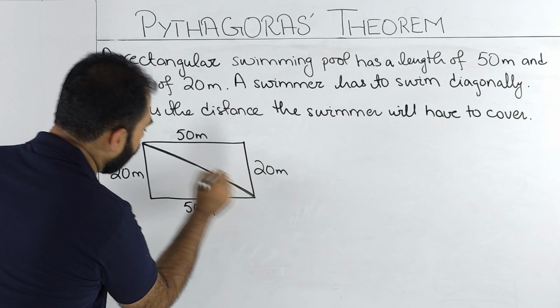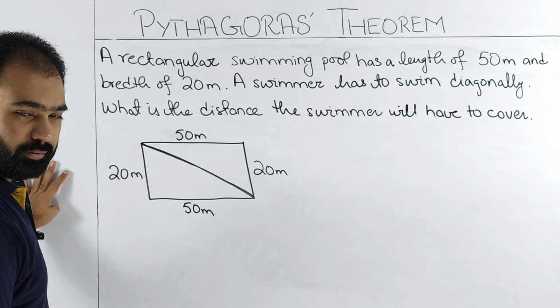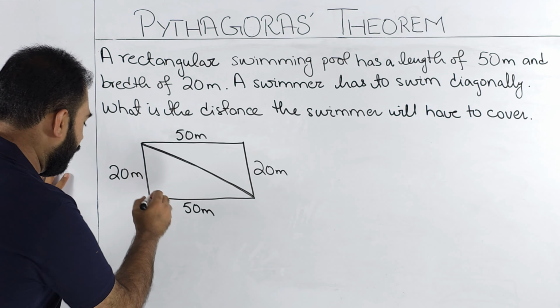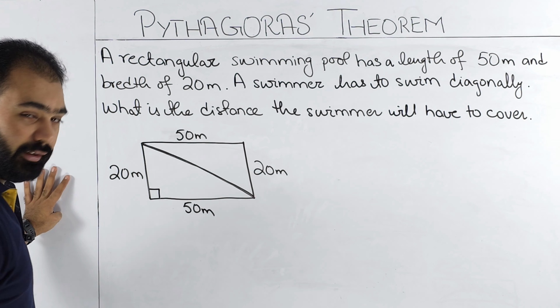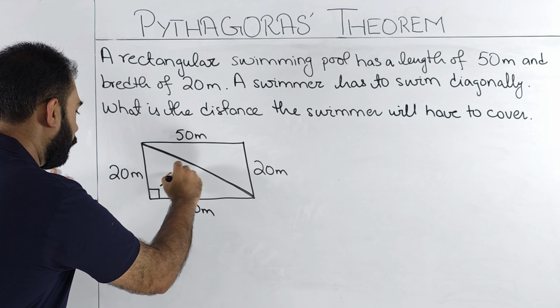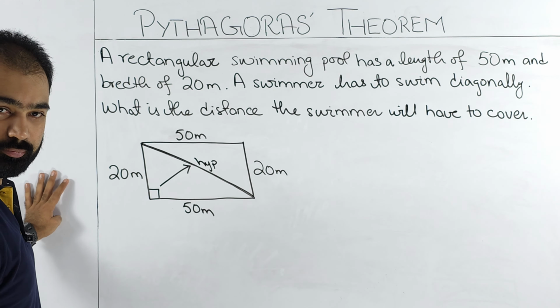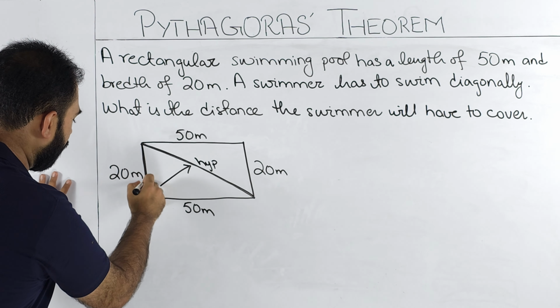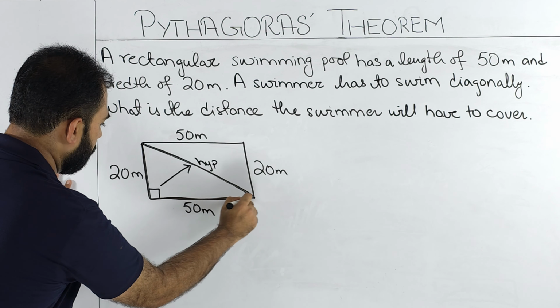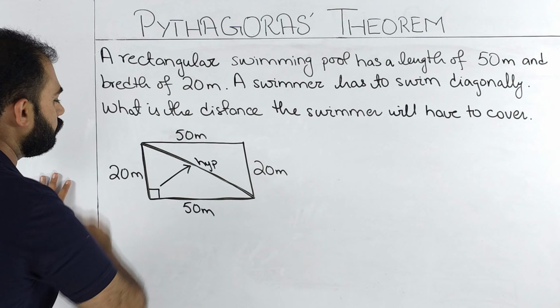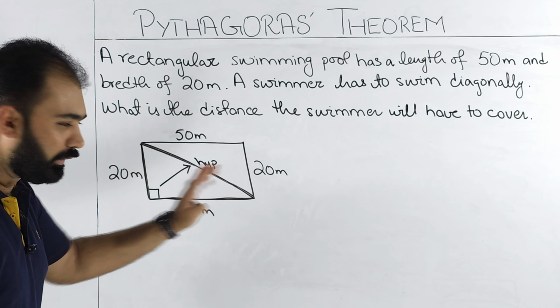What is the value of this length? As it is a 90 degree angle, the opposite length is called hypotenuse, right? So we are going to consider this triangle to find out the value of this diagonal.